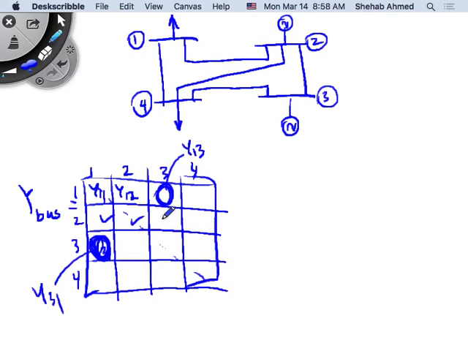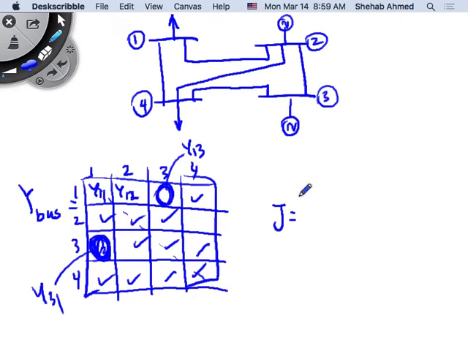So everything else will have values based on the data that you have for your cables and transformers or whatever you have. Okay, so this is the Y bus matrix. The Jacobian matrix.